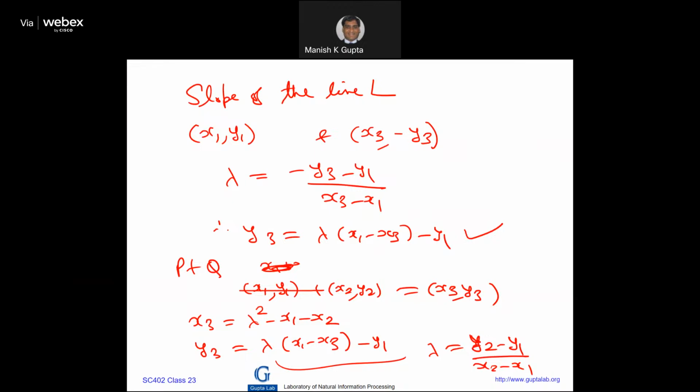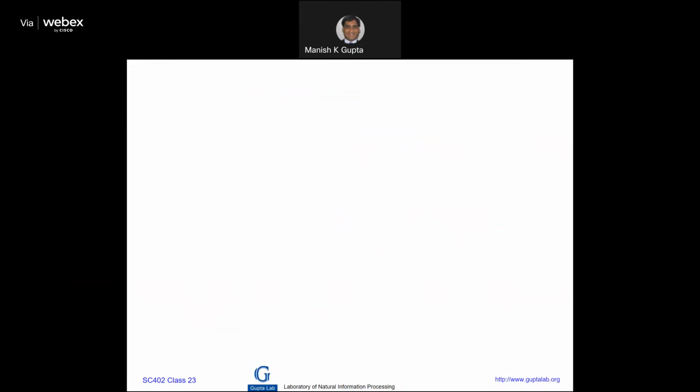So the question is, this is one case. Case 2, when y2 is minus y1 or something like that, then what happens in case 3? So there are 3 cases. So let me do that case for you. First, case 2.